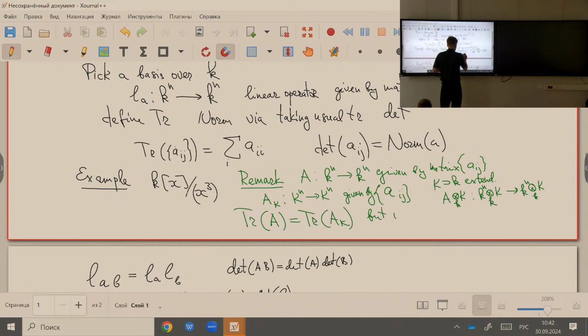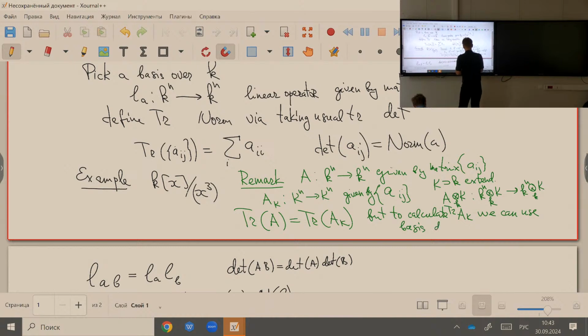To calculate the trace of A_K, we can use a basis defined over big K, meaning that we have done the linear transformation over a larger field.